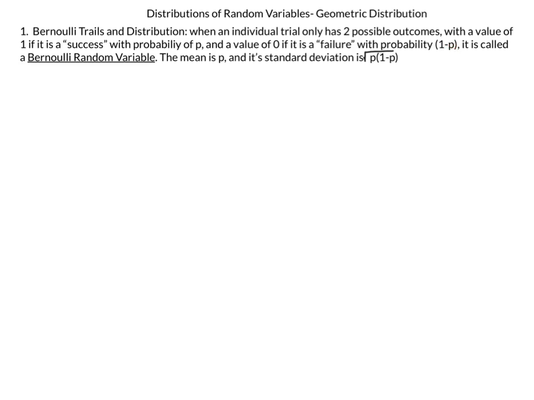So this variable, which becomes 1 or 0 depending on if a particular trial is successful or a failure, is called a Bernoulli random variable. Its mean is p, and its standard deviation is the square root of p times 1 minus p.